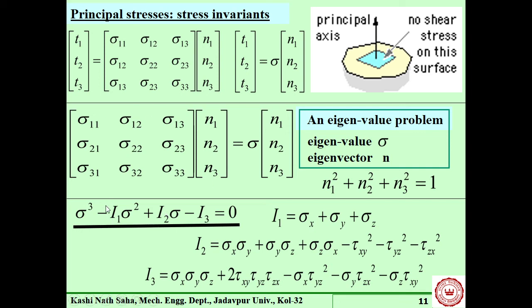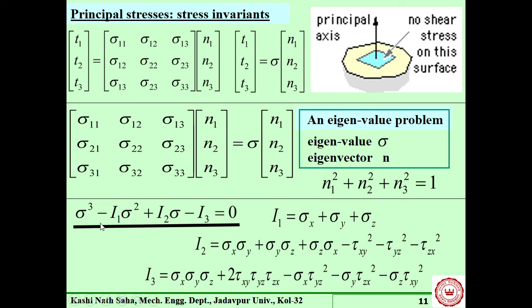Understand that in whatever expression we have here, what is the unknown? Sigma is the unknown. So this is an expression in sigma. I1, I2, I3 are known for a given state of stress matrix. If we use different sigma values, we will get different values of this expression. Right?